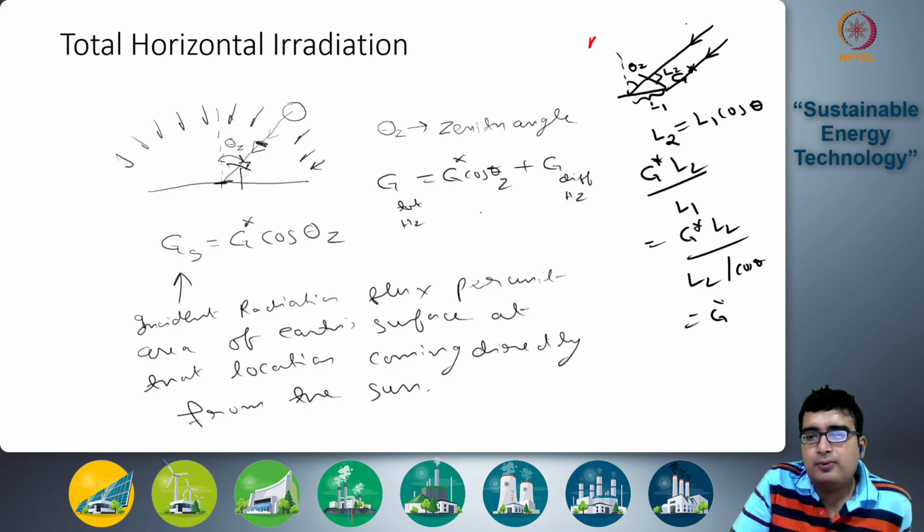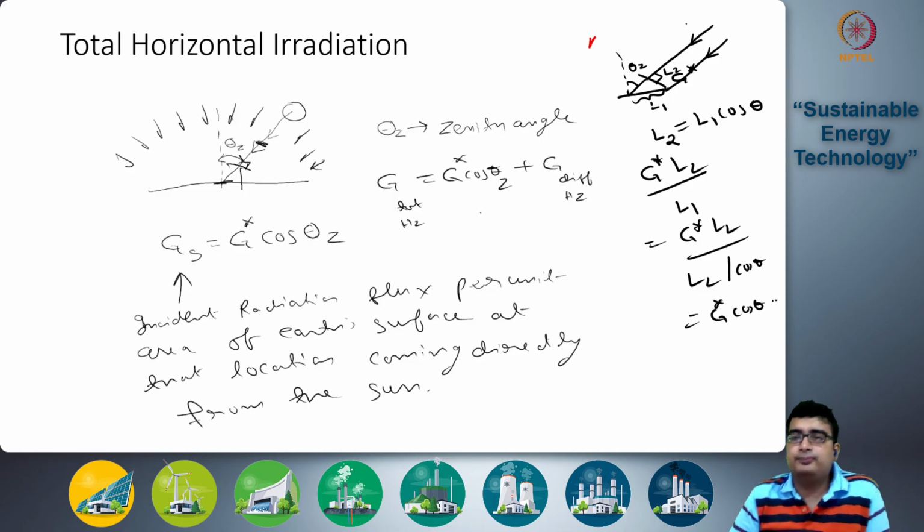So this becomes equal to G star cos theta. So the total energy that is present in this section gets spread out over this entire area, which is given by length L2. So the total flux per unit of the horizontal surface is G star cos theta. That's the basic idea.